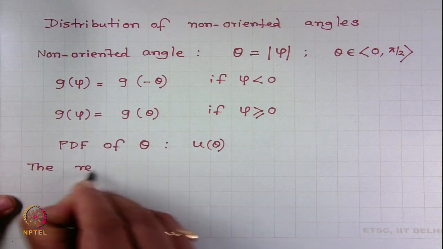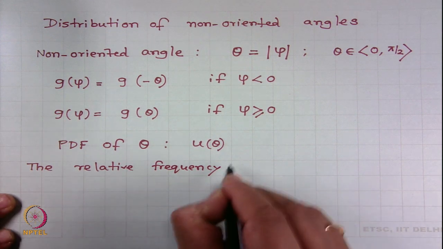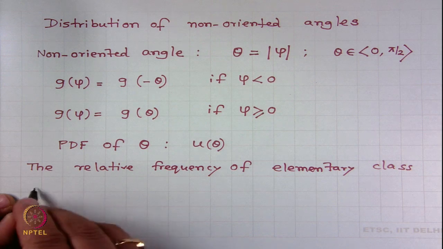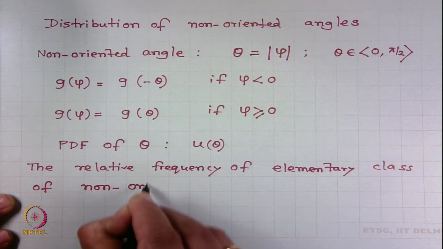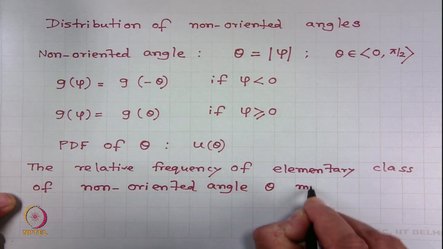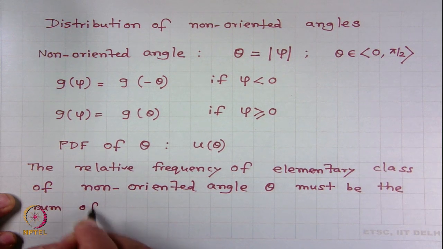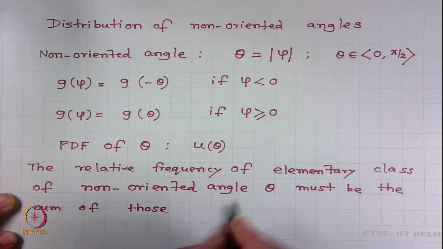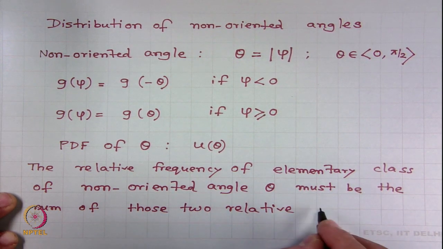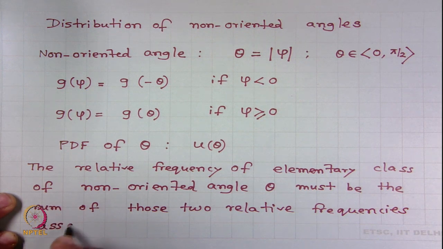The relative frequency of the elementary class of non-oriented angle theta must be the sum of those two relative frequencies associated with psi.